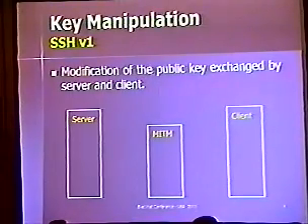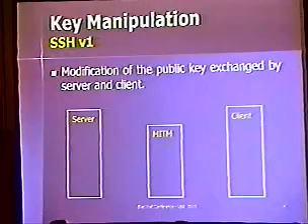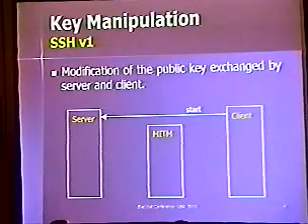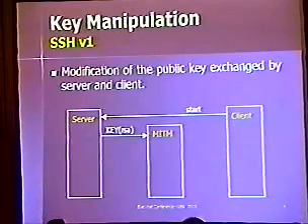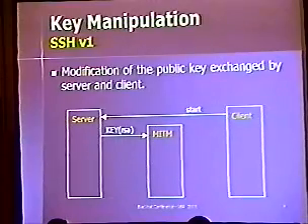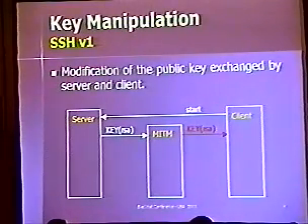works this way. The client starts the connection to the server, and the server replies with its public key. The man in the middle intercepts this key and substitutes it with its own public key and sends it to the client.